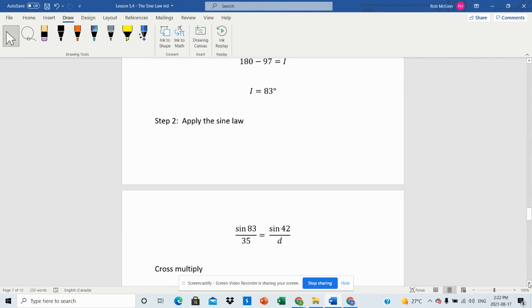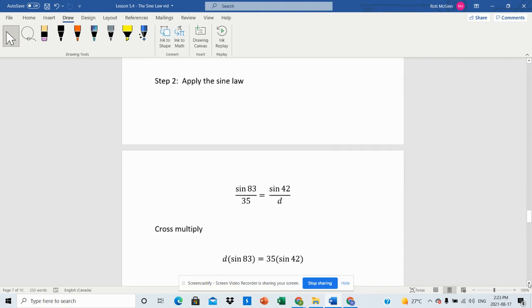Same process now as before. We're just going to cross multiply and then solve for d. So d times sine of 83 is equal to 35 times the sine of 42. Let's go ahead and work out what those decimals are.